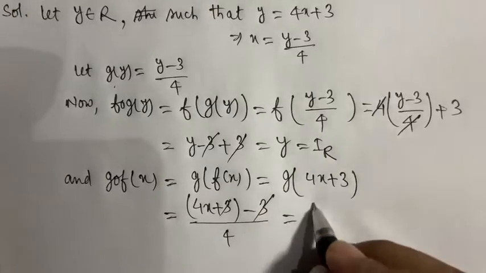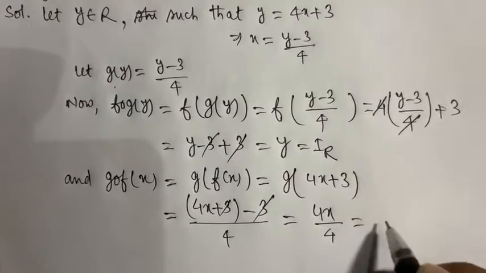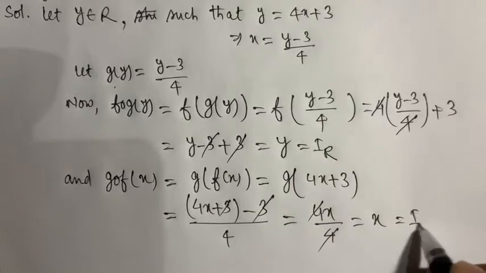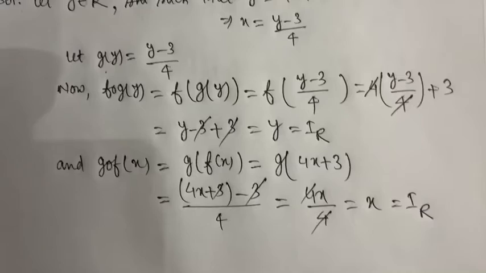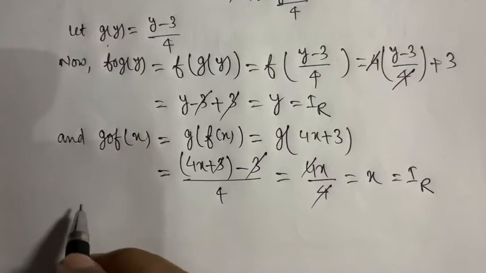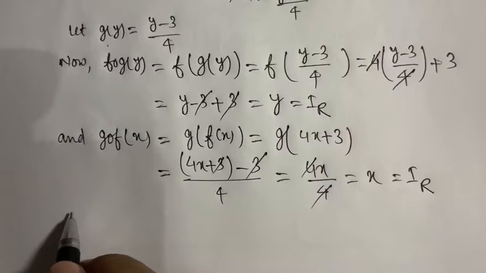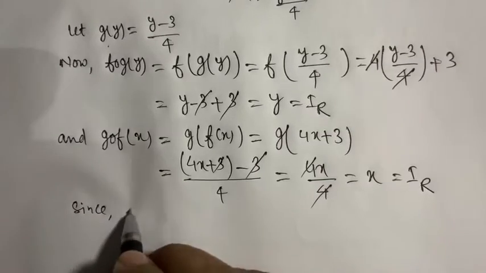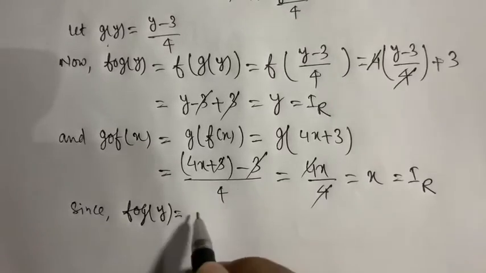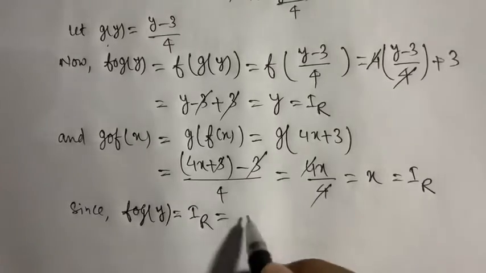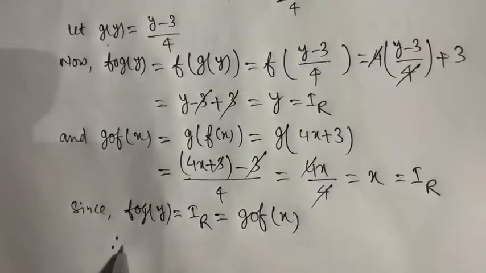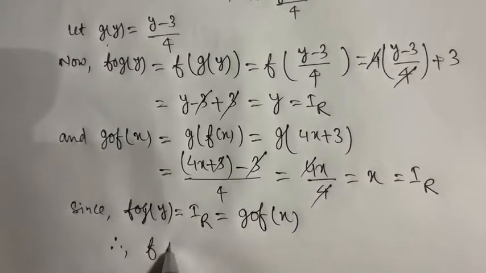This 3 will cancel, 4x by 4, and it is x, 4 will cancel. It is again I_R. This is for the domain set, identity element in the domain. So since f o g of y is equal to I_R equal to g o f of x, therefore f is invertible.